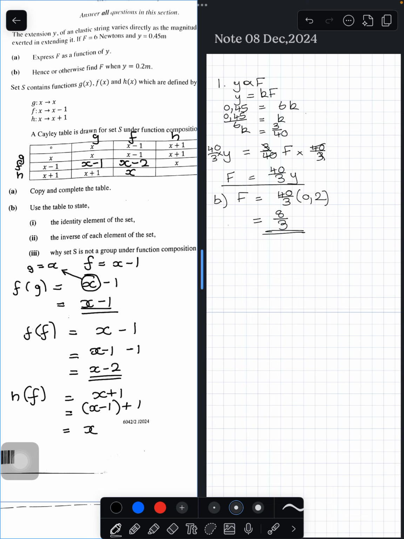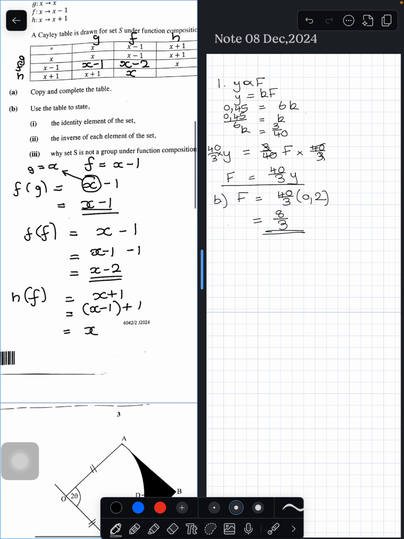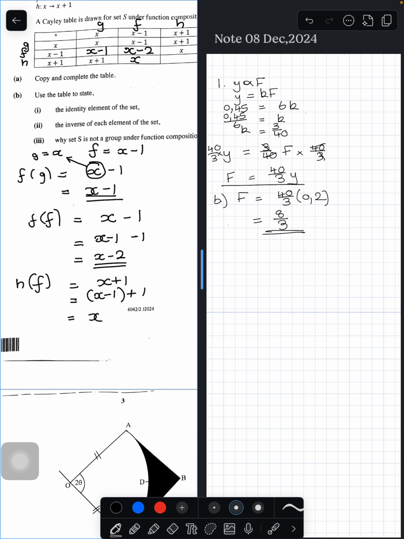All right, then the next one is h of h. So what is our h? Our h is x plus 1. Then in place of x, we're replacing x with the value of h, of which h is x plus 1.